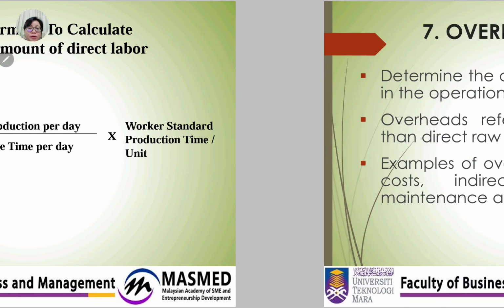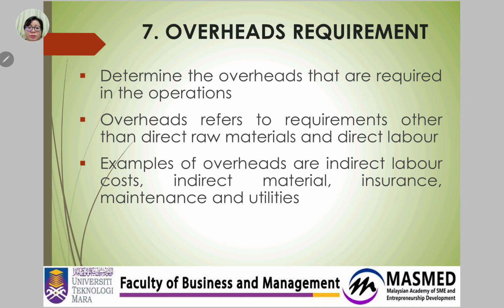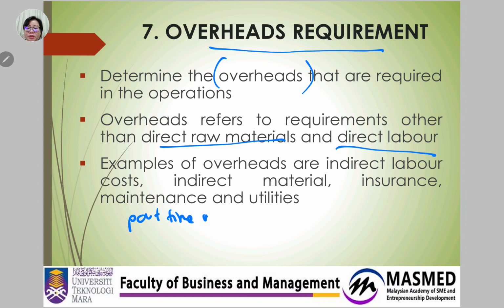Then the next part will be you have to do overheads requirement. What are overheads? Overheads refers to the requirements other than direct raw materials, materials that are not directly needed at that point of time, and direct labor and labor that is not needed at that point of time. For example, if you were to get part-time workers, or indirect raw materials, such as if you were to run a bakery, earlier I gave the examples of bakery.